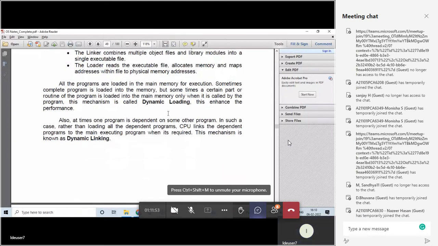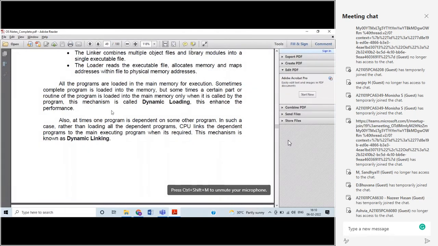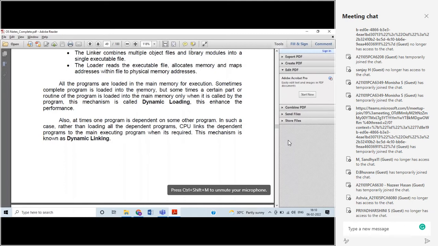Here the next main concepts are dynamic loading and dynamic linking. What do you mean by dynamic loading? At a point of time, programs are loaded in the main memory for execution. Sometimes the complete program is loaded into the memory, but sometimes a certain part or routine of the program is loaded into the main memory only when it is called by the program.